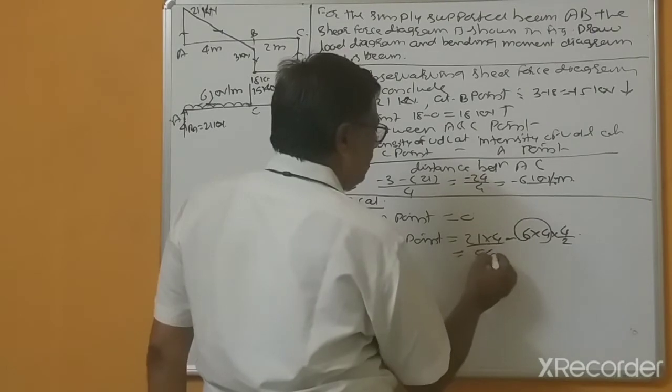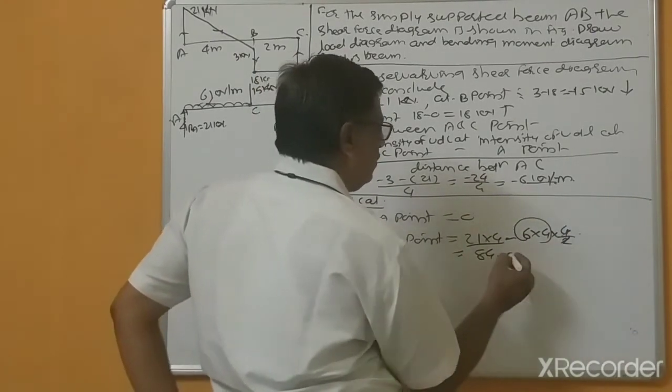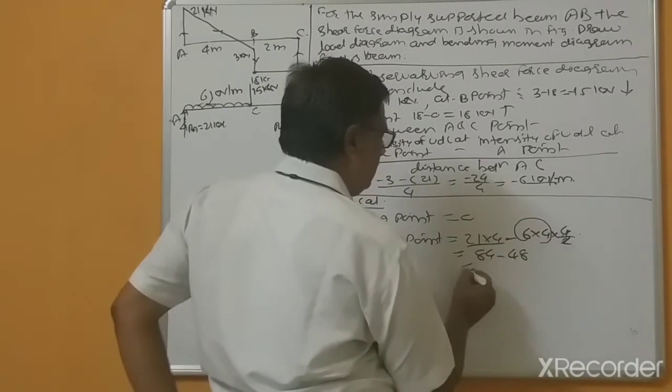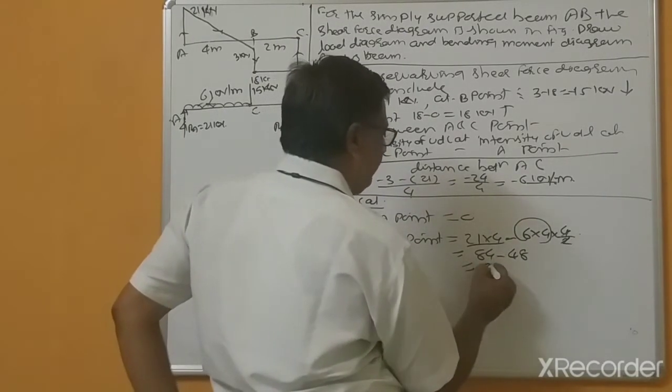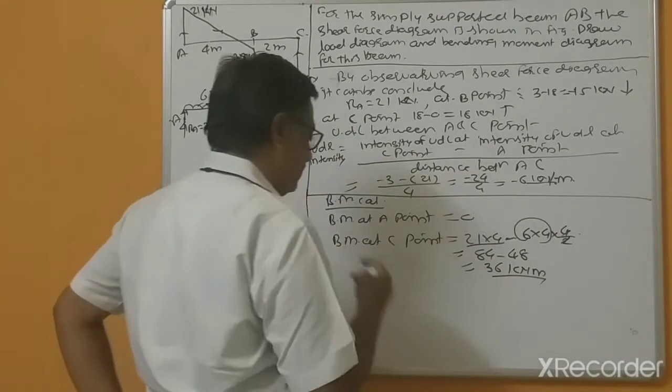This is 84 minus 24 into 2, 48. So this is 36 kilonewton meter.